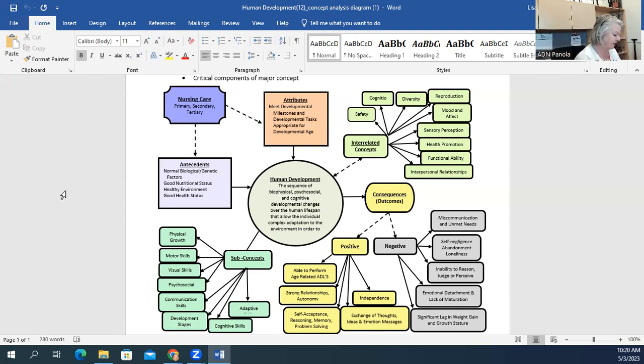So look at your pathophysiology box here about Down syndrome, just so you understand what's going on. They do have certain features and characteristics.